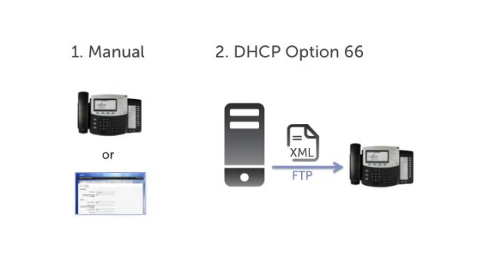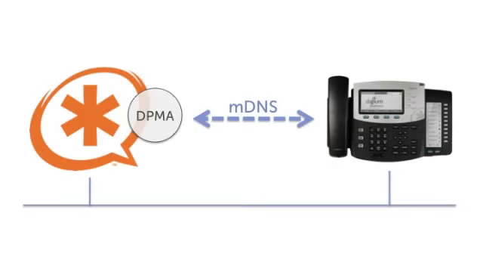However, by using the Digium Phone Module for Asterisk, we have a faster and simpler solution. I'll quickly describe two of the reasons the DPMA is so easy to use, namely mDNS and text-based configuration. Digium phones and the DPMA make use of a protocol called mDNS to locate each other on the network. mDNS, or multicast DNS, is a method for automatic name resolution.